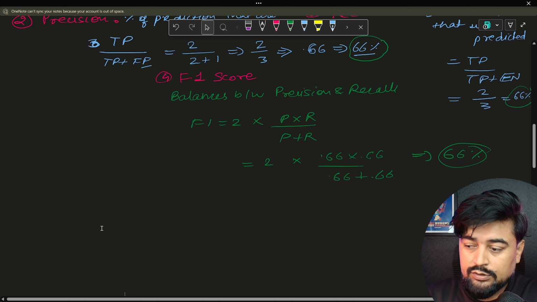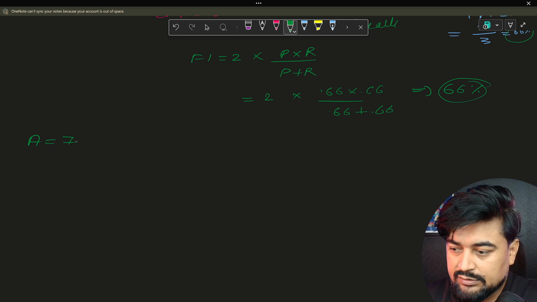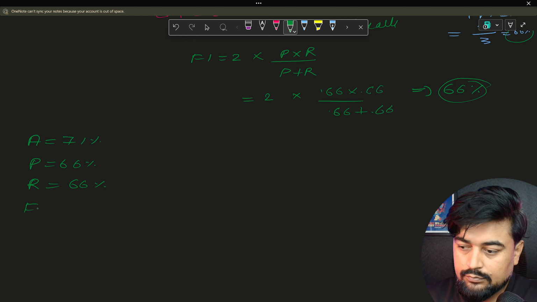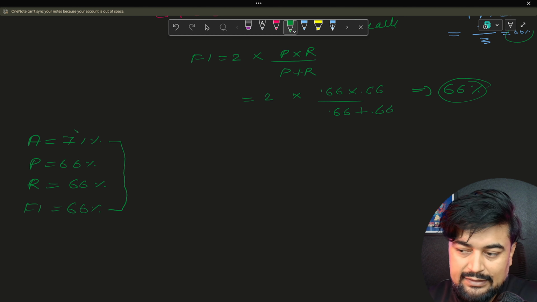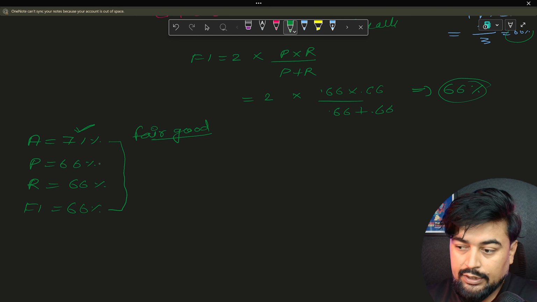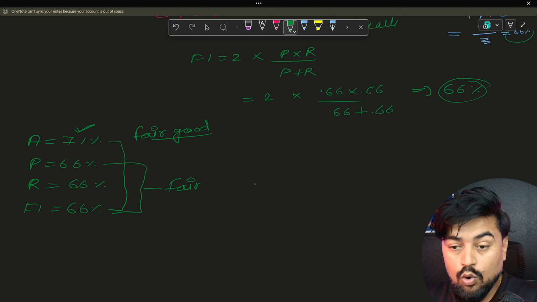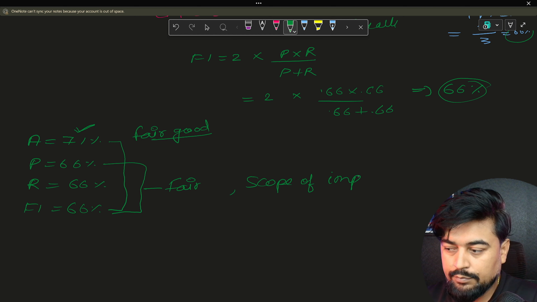What will you say? On the basis of all this, you can say the accuracy of the model is fair, good. This is not a very good accuracy, guys. These values say this is just a fair model, but there is scope for improvement.